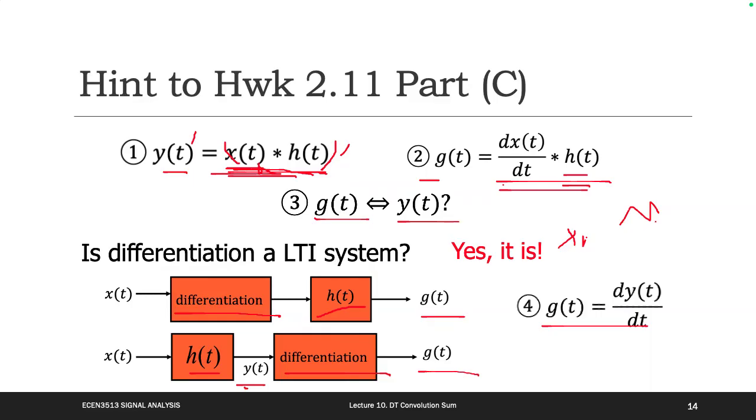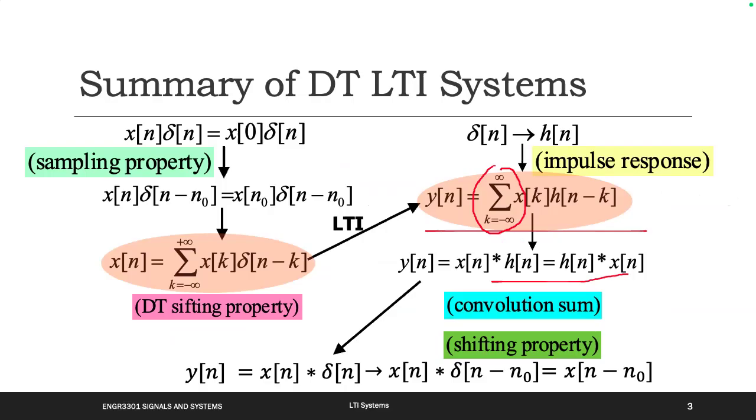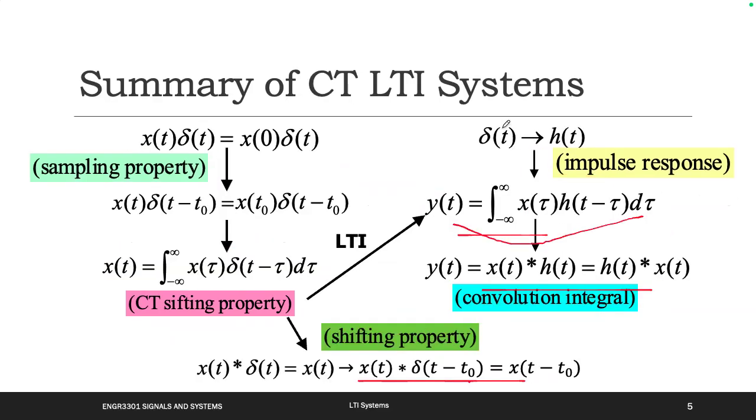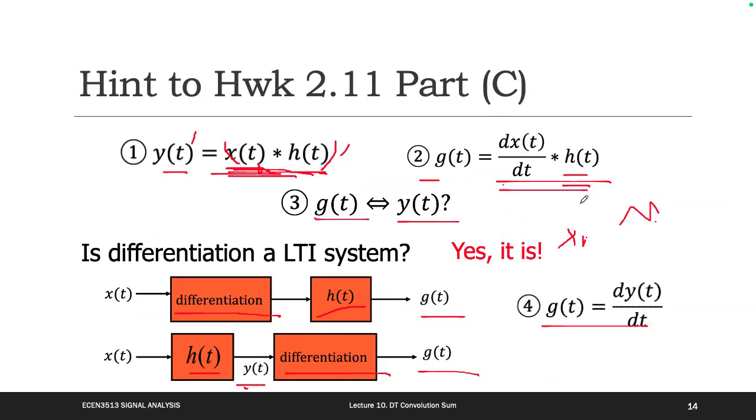Because h(t), no matter h[n] or h(t), is just like the delta(t) going through the system, which means h(t) is fixed if your system is fixed, am I right? But your x(t) is not. That makes sense to you? That's the reason why, if you take the derivative of y(t), you just take the derivative of x(t), because x(t) changes, but h(t) never changes no matter what, if your system is fixed. That makes sense to you?